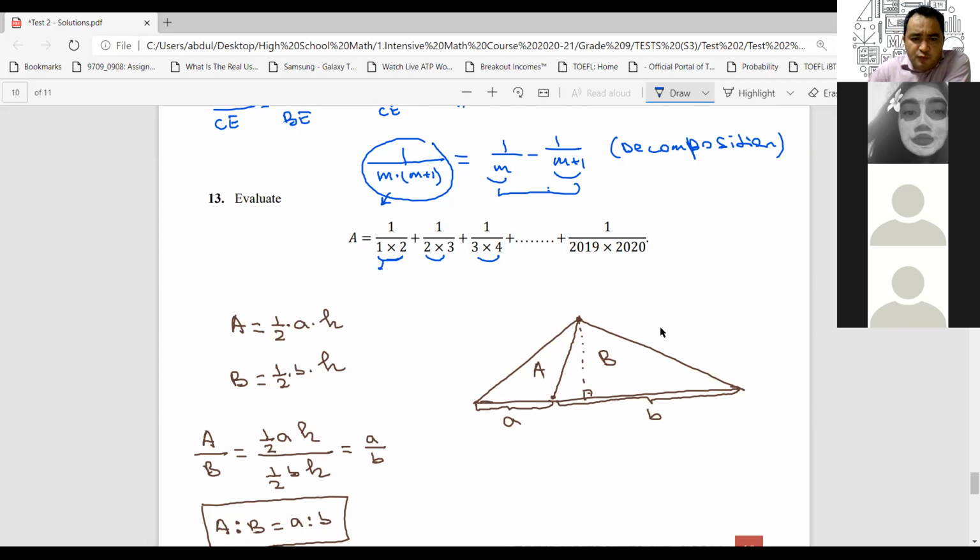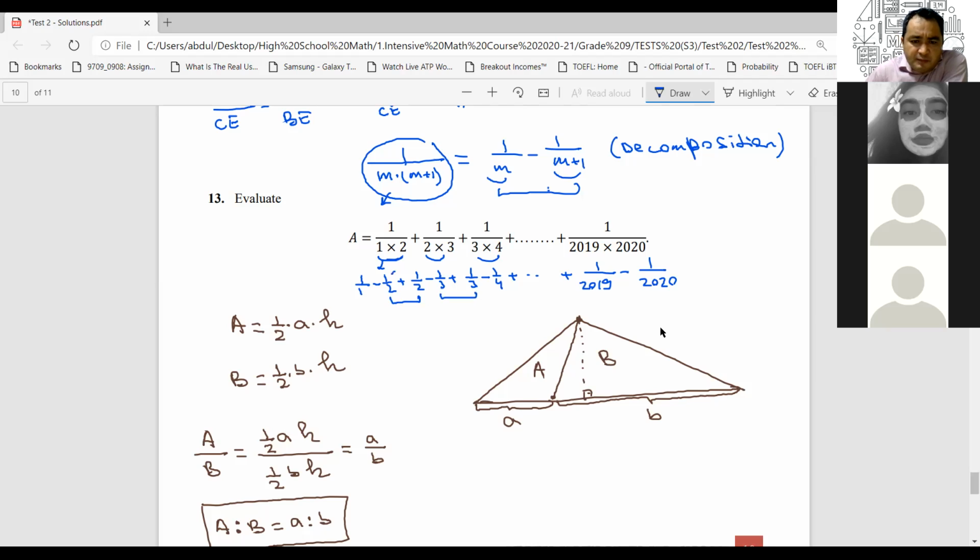So that's why I can write this as 1 over 1 minus 1 over 2, plus the second one, 1 over 2 minus 1 over 3. The third one, 1 over 3 minus 1 over 4, plus dot, dot, dot. The same thing here: 1 over 2019 minus 1 over 2020. Now, if you look at these numbers, they are the same but the signs are opposite.